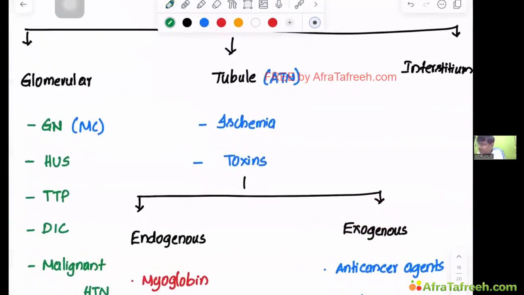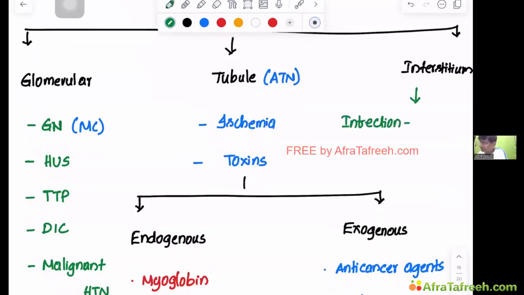So if you see the pathology in the interstitium causing interstitial nephritis, that can be seen secondary to infections. And what are the infections that can cause interstitial nephritis? Leptospirosis.